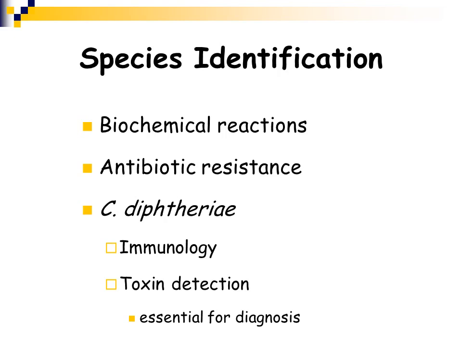In order to be diagnosed with diphtheria, you have to isolate the organism and show that that organism is producing the diphtheria toxin. So toxin detection is critical for diagnosis of diphtheria.